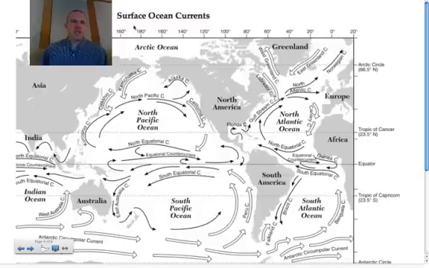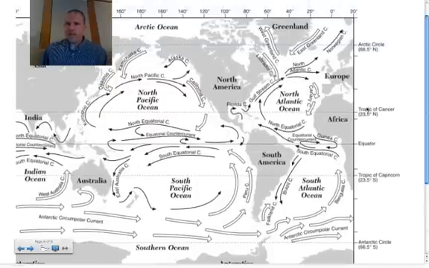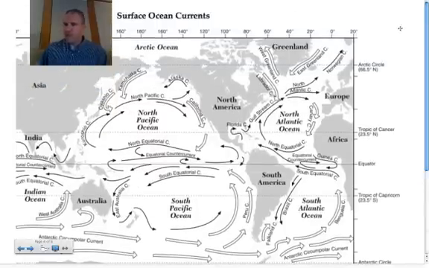This map is the surface ocean current map. What's good about this map is it gives us some information that we may need to know for some questions. We should know our equator is 0. It also gives us the Tropic of Cancer and Tropic of Capricorn in case we ever forget what those are. I like to remember them by alphabetical order: Cancer is higher, Capricorn is lower.